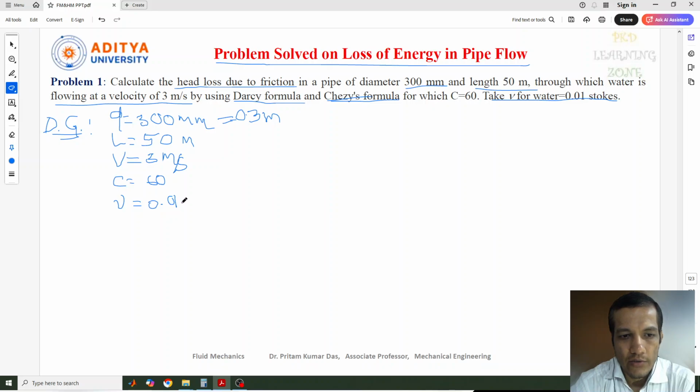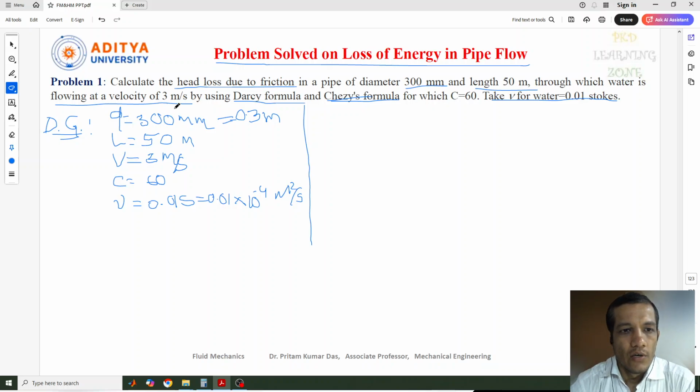We can also convert this into meter square per second, so I can write 0.01 into 10 to the power minus 4 meter square per second. These are the values given in this question, and we need to calculate the head loss by using Darcy formula and by using Chezy's formula.